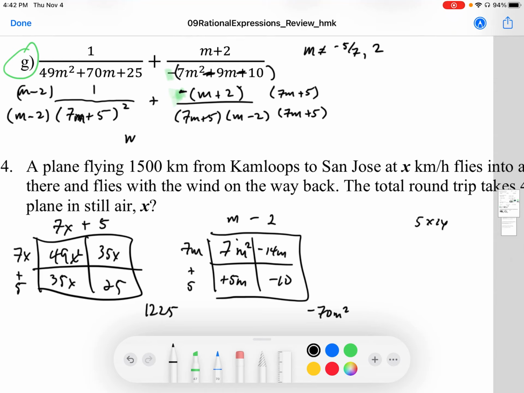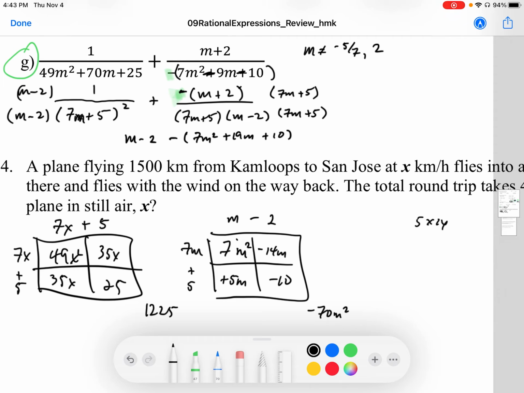So I end up with m minus 2 minus 7m squared plus 5m plus 14 is going to be plus 19m plus 10.